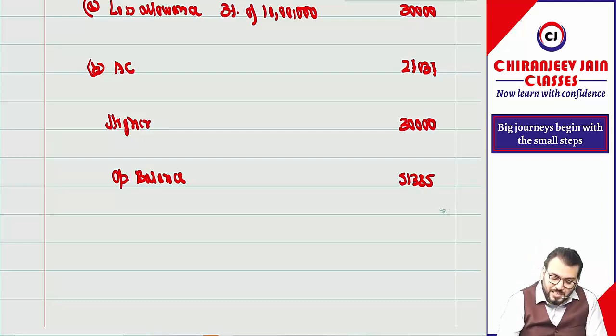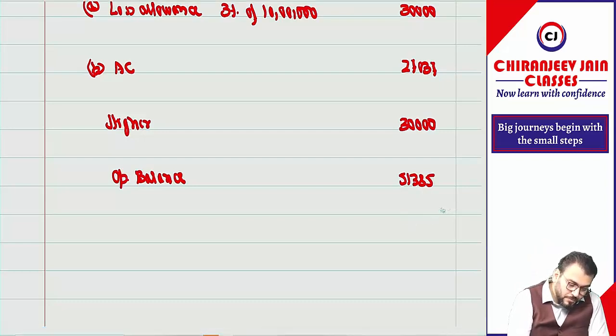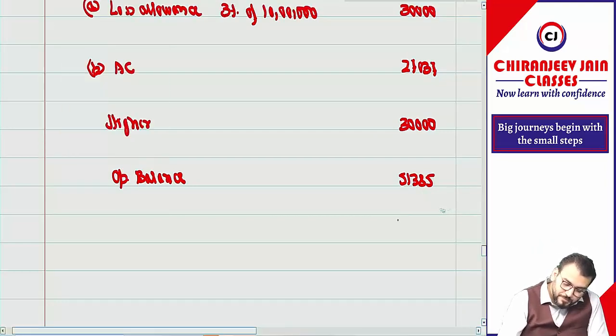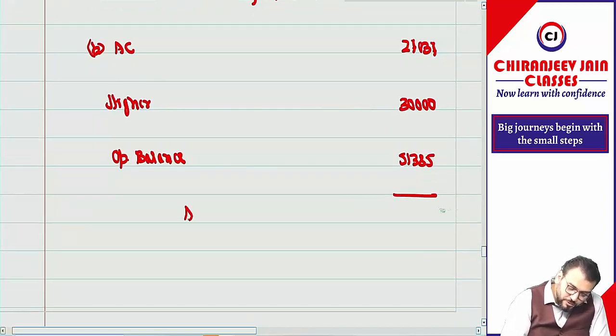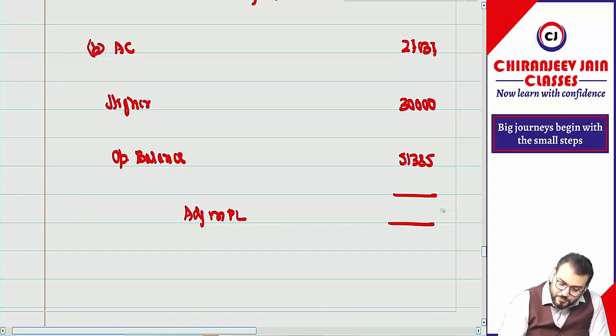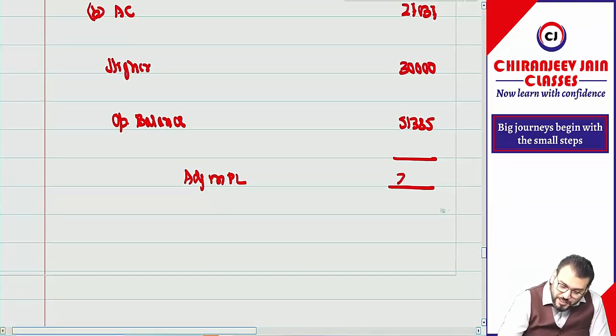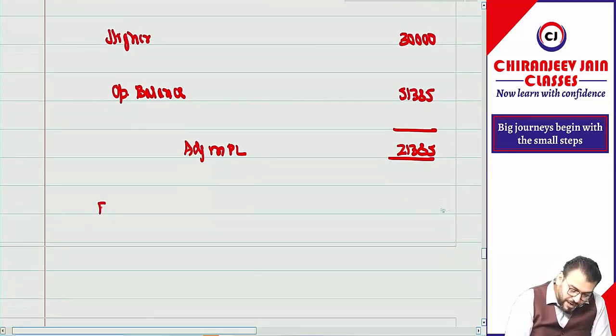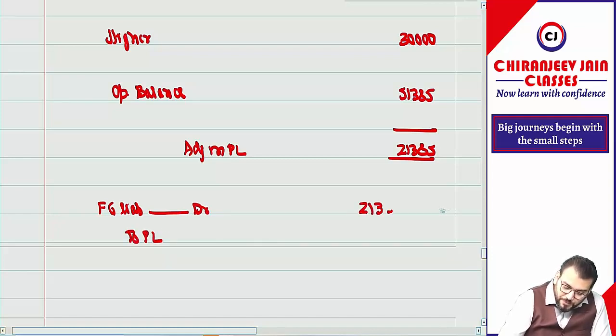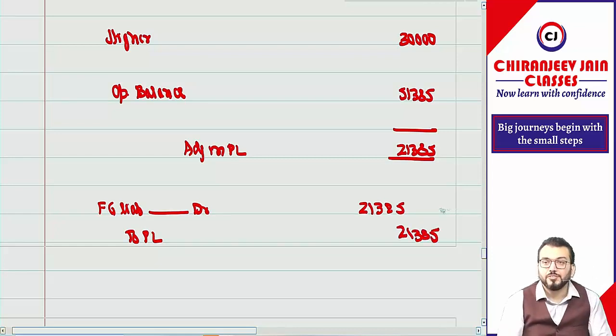So once again the liability decreases and it is adjusted in PL. How much? 21385. The journal entry: financial guarantee liability account debit to PL, 21385. Understood?